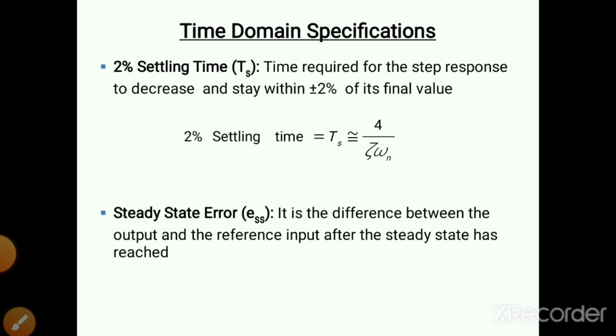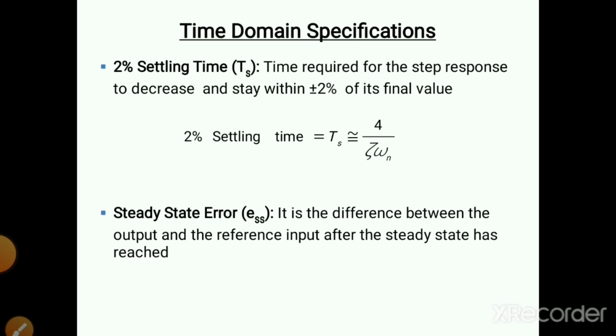Now next is settling time. 2% settling time. So time required for the step response to decrease and stay within plus or minus 2% of its final value. Plus or minus 2% means 2% error is taken here. So this is settling time, and the formula is TS is equal to 4 upon zeta omega n for 2% settling time.